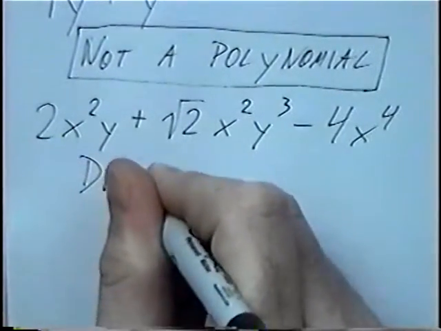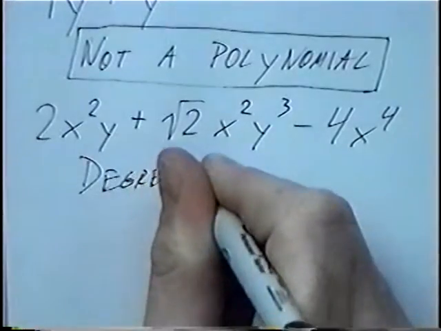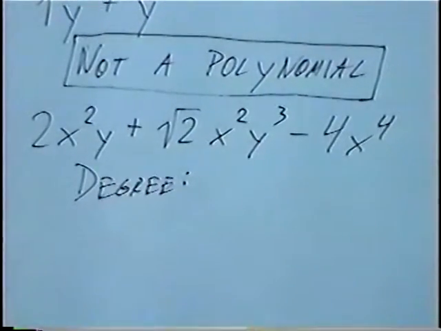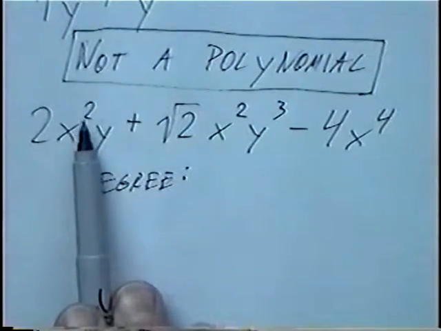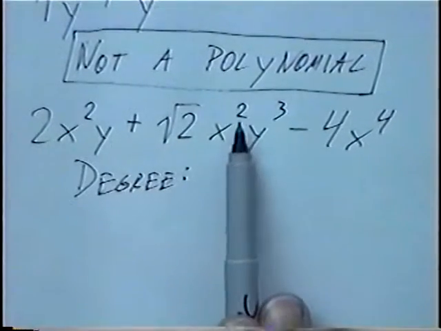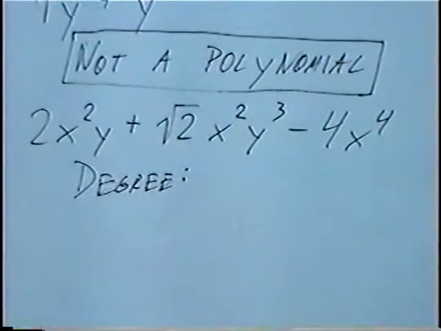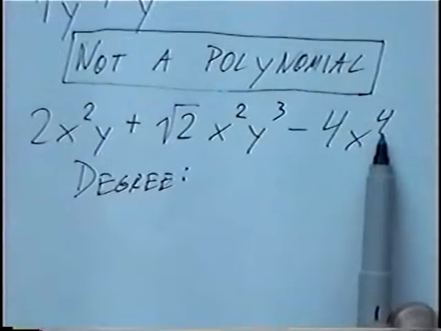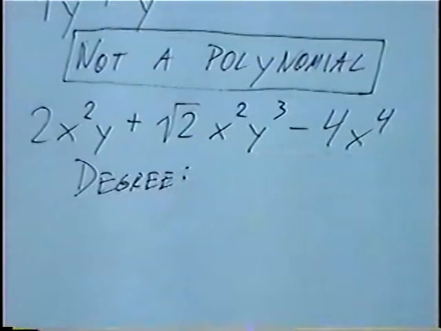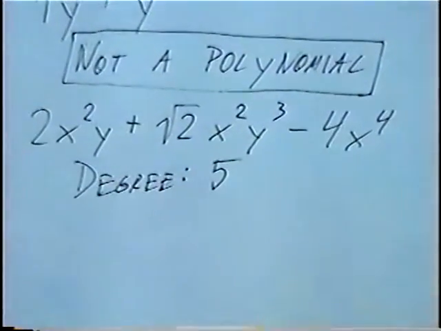The degree, again, is the highest exponent, or when you have multiple variables, it's the sum of the exponents in each term. This first term would have an exponent of 1 for the y, so the total would be 3. The second term, the total would be 5. And the last term, the total would be 4. So our degree, the middle term, adding the x and y exponents, would be 5.